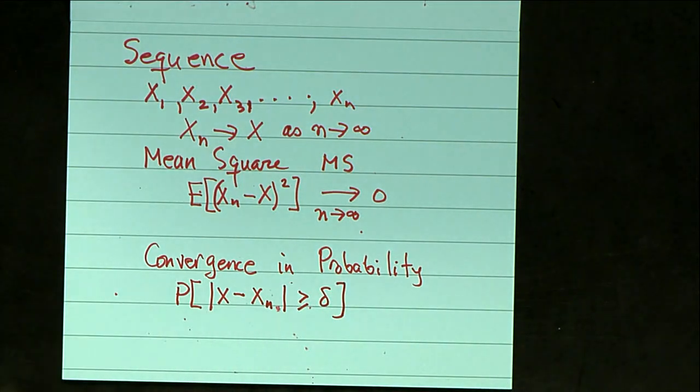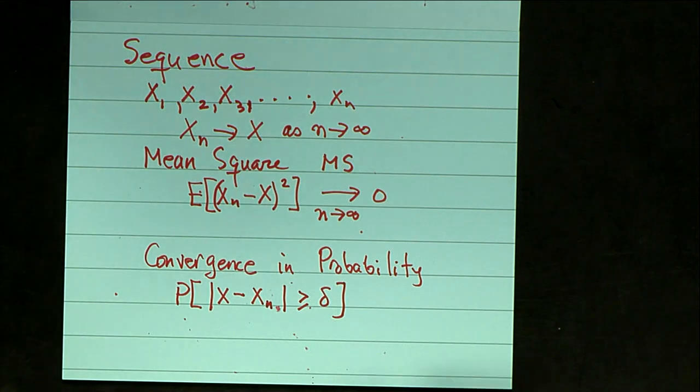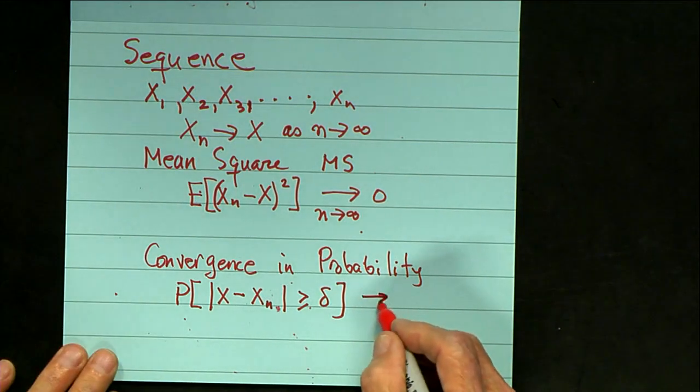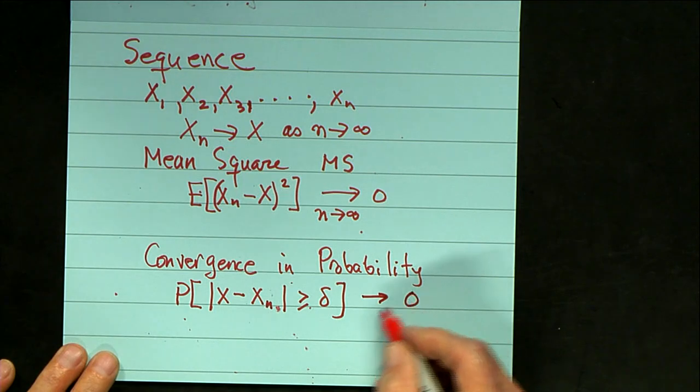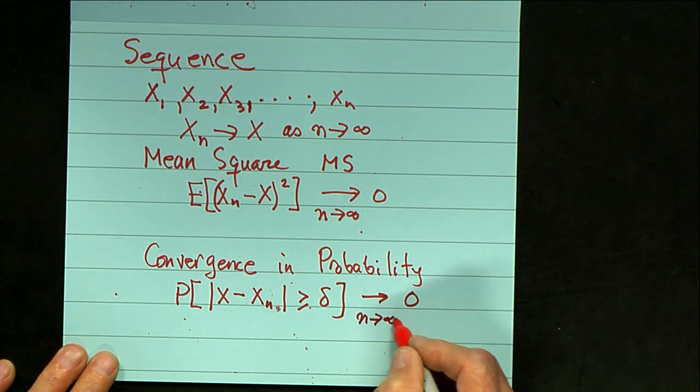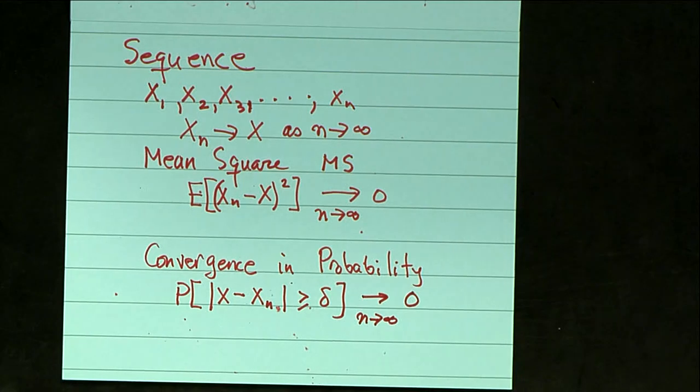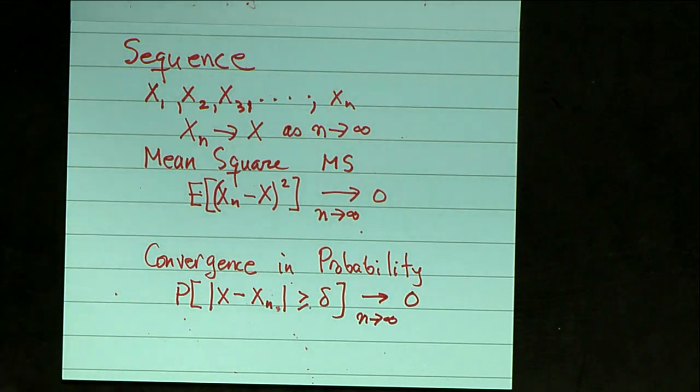By the way, what does this thing say? This is the mass outside delta, isn't it? We say that goes to 0 as n goes to infinity. That's called convergence in probability. So far, we don't know what that means even.